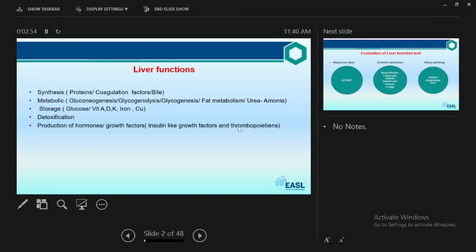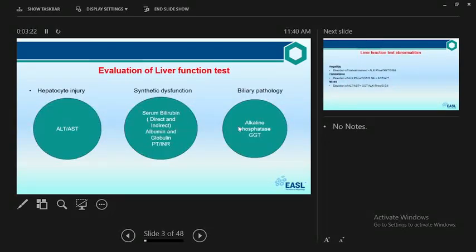Synthesis of protein, coagulation factors, and bile, and most of the metabolic processes take place in the liver: gluconeogenesis, glycogenolysis, glycogenesis, fat metabolism, the urea ammonia cycle. It also acts as a storage organ for glucose, vitamins, copper, and iron. Detoxification, as well as the site of production of so many hormones, including growth factors and thrombopoietin.